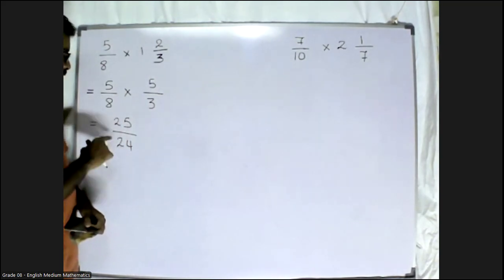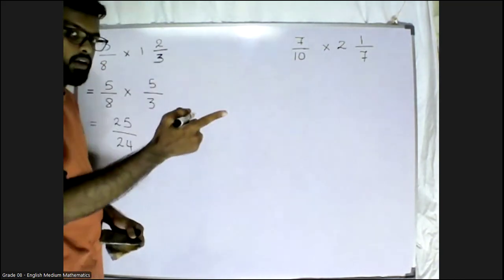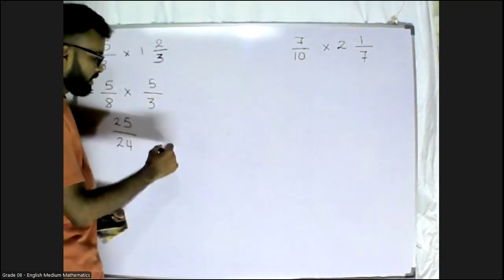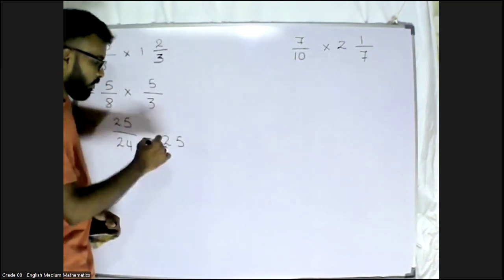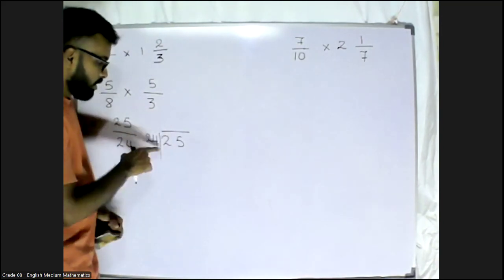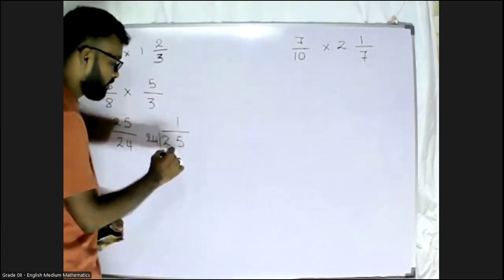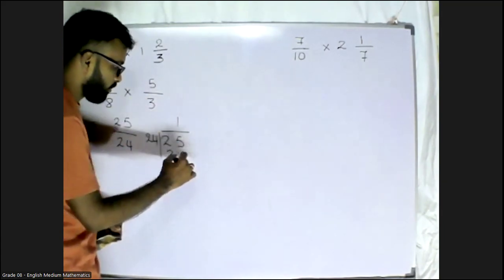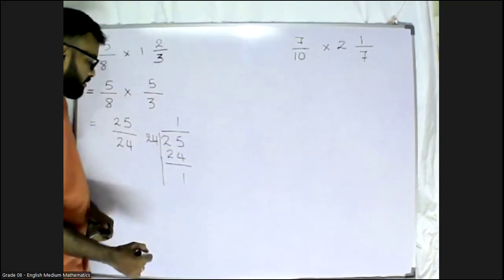Now this is an improper fraction. So you know how to convert it into a mixed number, right? 25 divided by 24. How many 24s are there in 25? 1. 1 times 24, 24. 25 minus 24, 1.